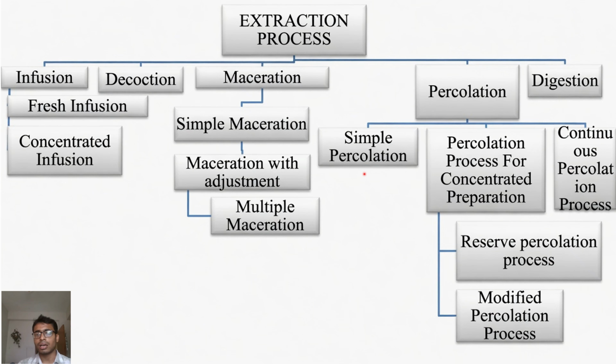Percolation can be simple percolation, percolation process for concentrated preparation, or continuous percolation process. Then the digestion. Please see the differences among them, and see my several other videos in this channel if you want a great description of this content.